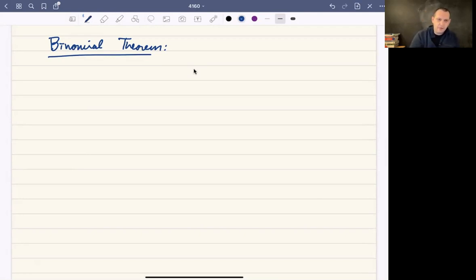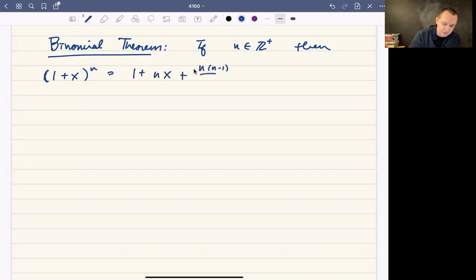The classic binomial theorem says that if n is a positive integer, or even a non-negative integer, then we have a formula for 1 plus x to the n. That formula is 1 plus nx plus n times n minus 1 over 2, x squared, and so on, all the way out to x to the n.